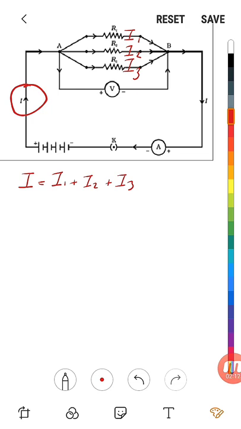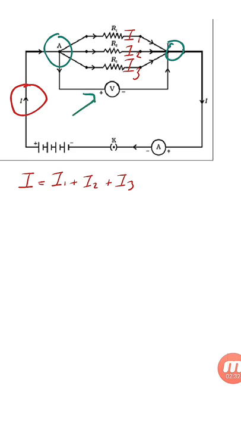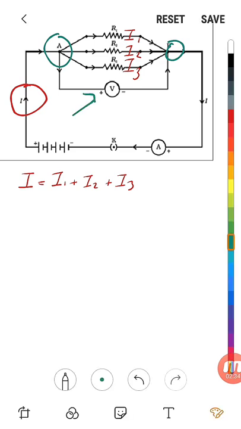In this arrangement, as the three resistors are connected in parallel between two points A and B, the potential difference between A and B is going to be the same for all the three resistors.